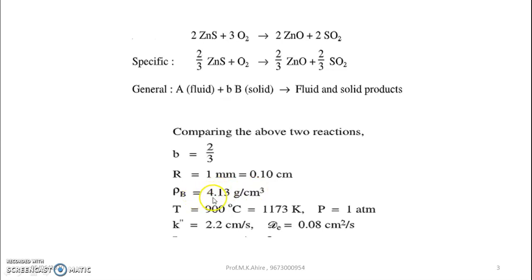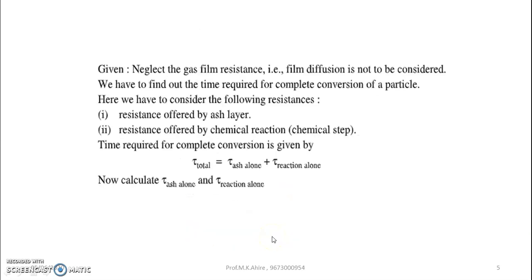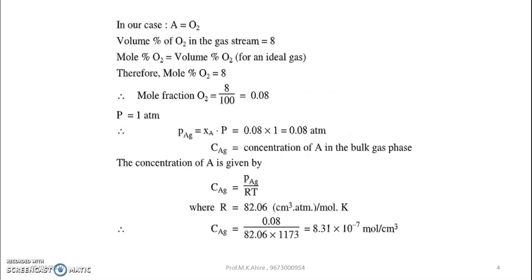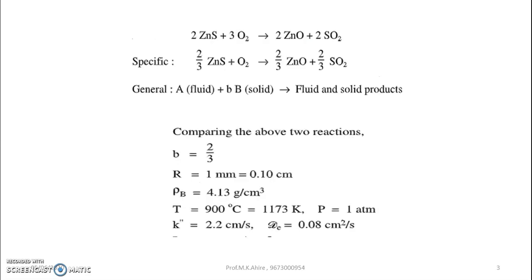This is rho b, 4.13. R value is given, temperature, all these values are given. We have converted rho b in terms of moles, so we have divided that given value by the molecular weight of zinc sulfate.